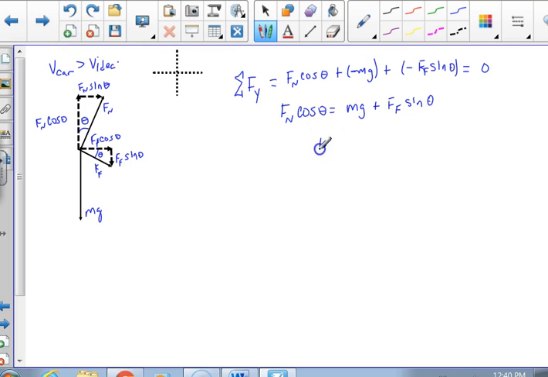We know that the force of friction is equal to mu times the normal force. So with that we can rewrite this equation: Fn cosine theta equals mg plus mu F normal sine theta.